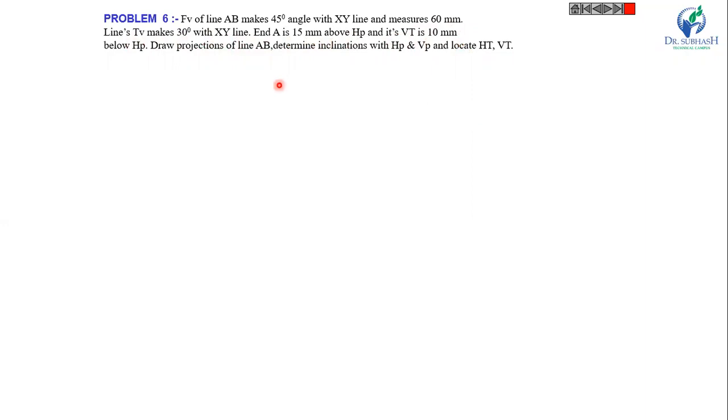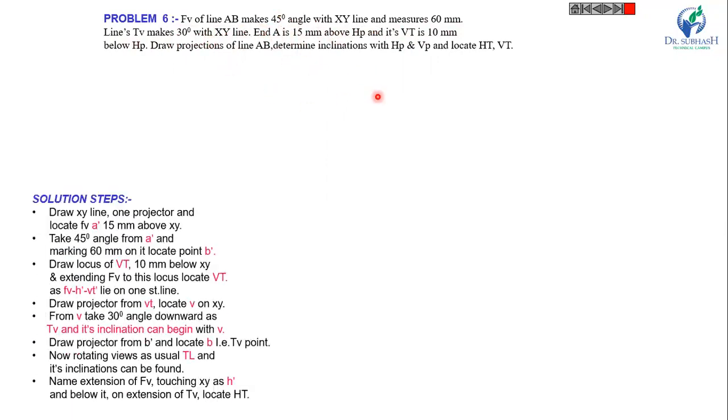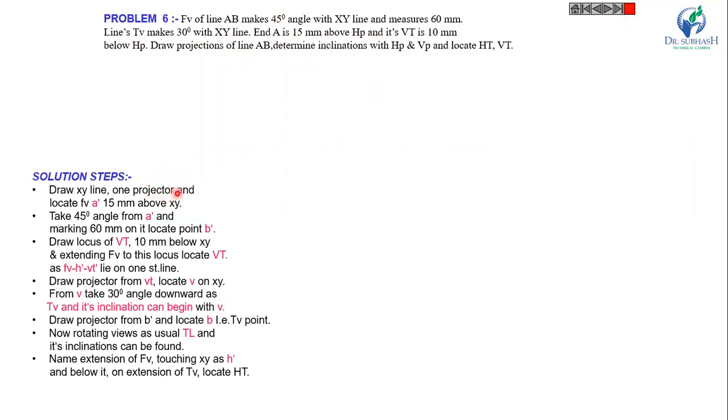Here the front view of line AB is inclined at 45 degrees to the XY line and its length is 60 mm. Its top view is inclined at 30 degrees with the XY line, and the position of point A is given. So we have to solve this example using these different steps.